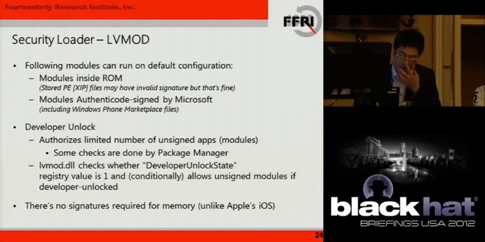This is how Windows Phone Marketplace files actually work. This is good for security, but not good for application developers. So there's also a feature called Developer Unlock. This feature authorizes a limited number of unsigned applications to run according to a specific registry value.